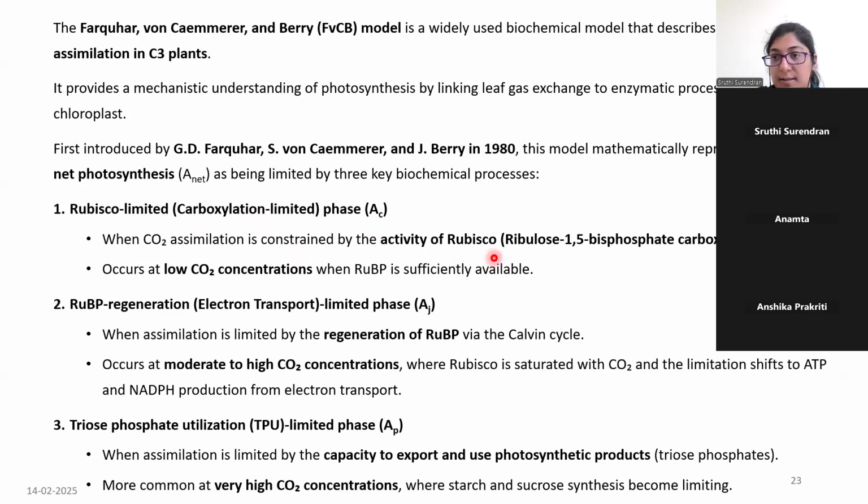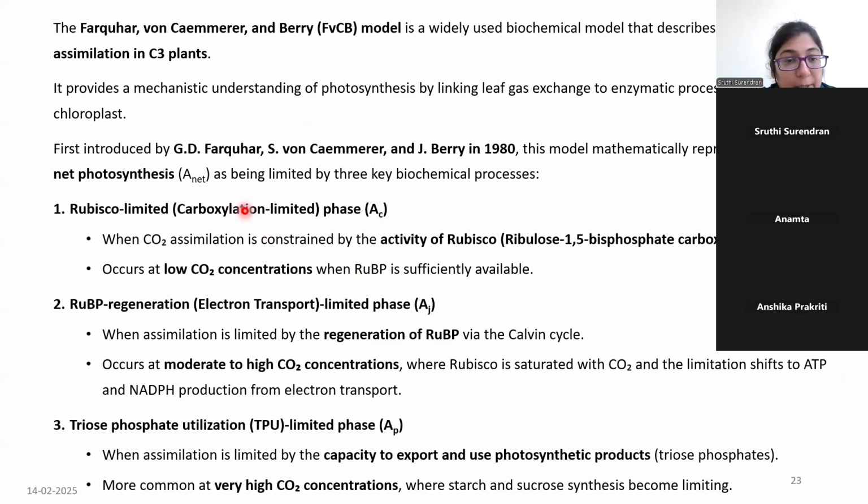If Rubisco doesn't work, it is going to reduce the carboxylation, or carbon dioxide attaching itself to RuBP. That is the rate of Rubisco limitation, or the rate of photosynthesis at this phase.